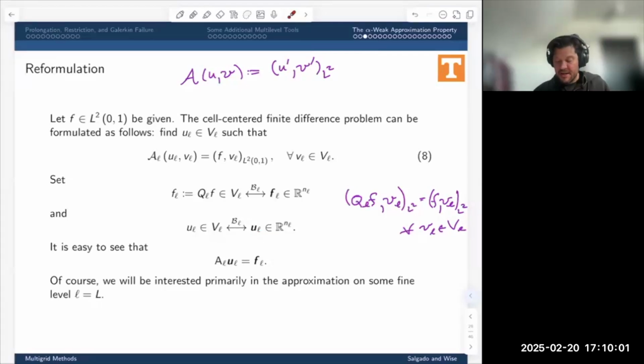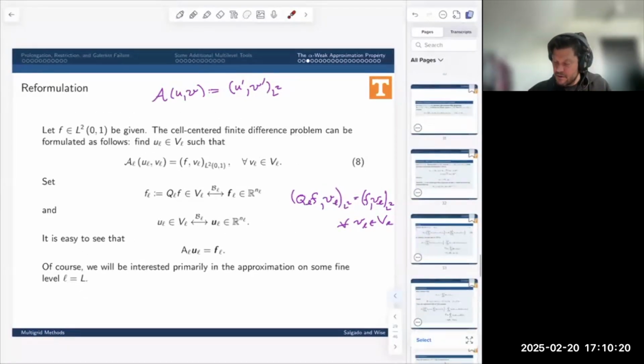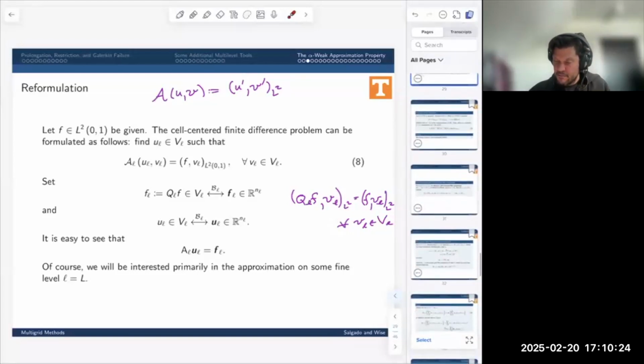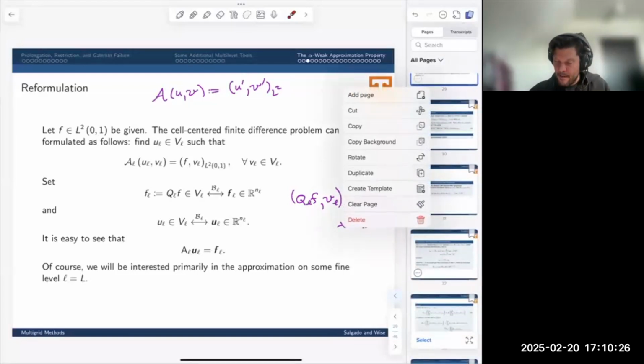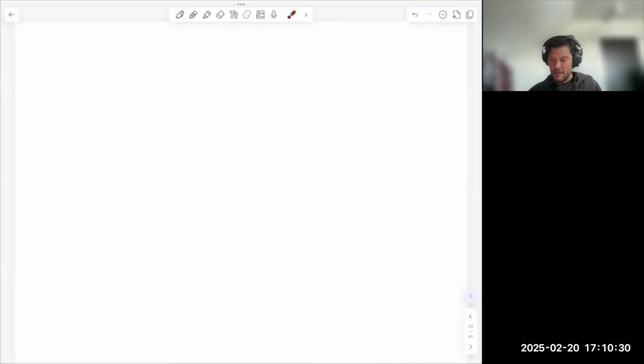Then we can show precisely that these vectors, FL and UL, satisfy this matrix vector equation. The proof of that is just a couple of lines long. So let's do that, just so we know that we're all on the same page. Let's add a page in there. Okay.